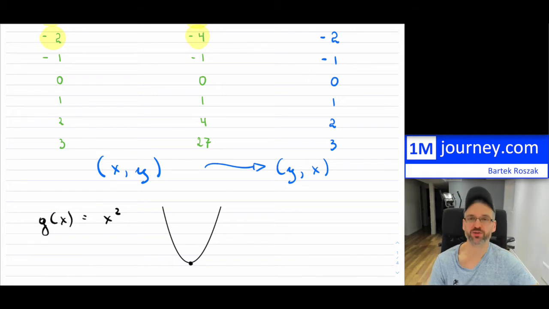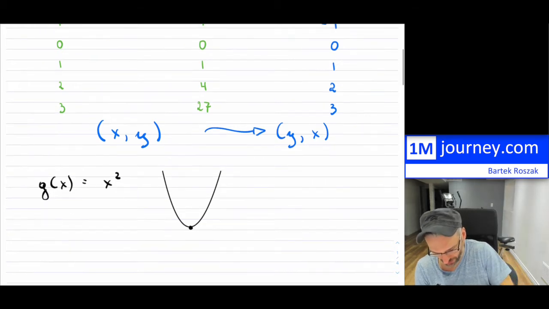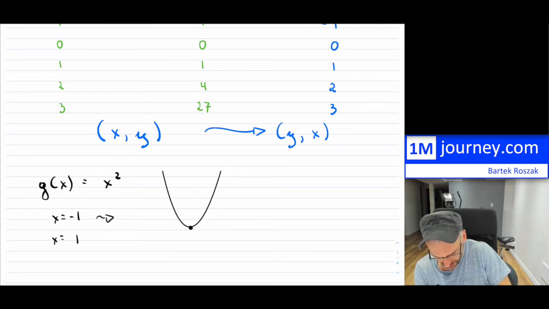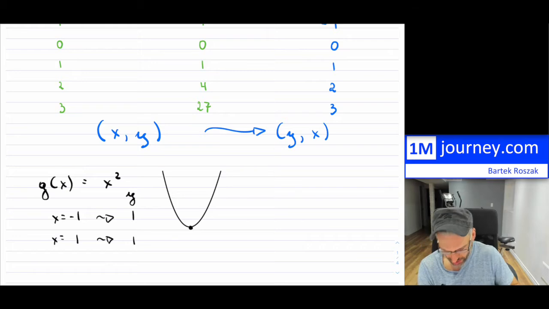But now if you wanted to reverse this, we would run into a problem, because if the input x was equal to -1 or the input x was equal to 1, both of these would have given an output of 1.